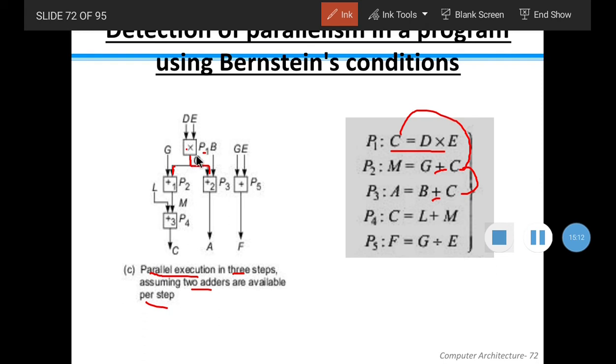In P2 we have G plus C, where G is given as an input and C is coming from P1.